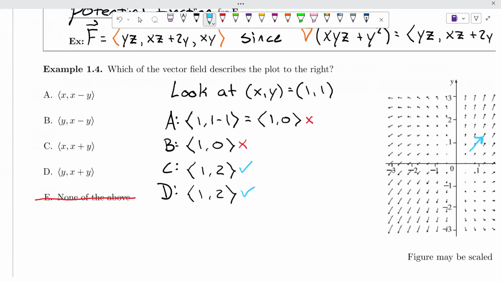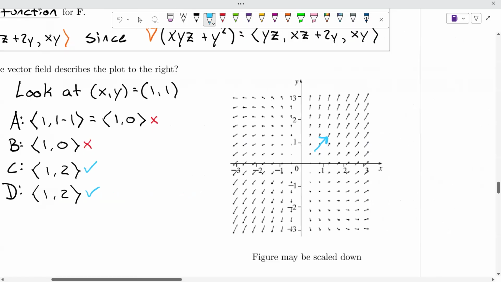So if only those two could still work, why don't I go try and pick out another point to emphasize which of these two fields ought to be correct. Often, if I'm trying to identify a field, I think looking near the axes can be helpful a lot of the time. In particular, I'm noticing up here near the top, my vector field is pointing nearly straight up.